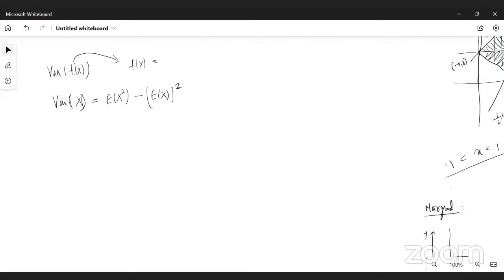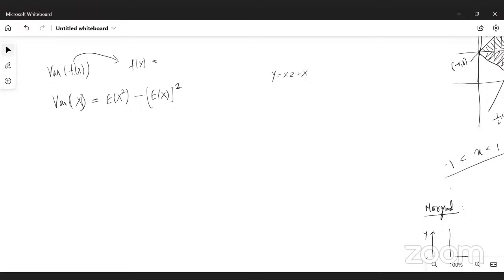And they are related to each other with the function y equal to xz plus x. If I have to find the variance of this function, how should I approach it?